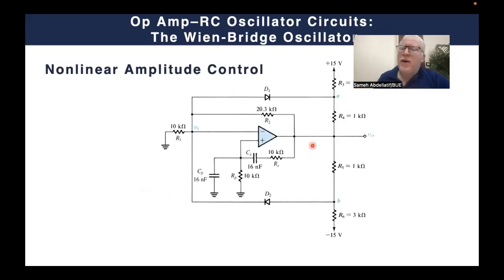And we combined all these ideas in one schematic, maybe the final slide in our previous recording, when we studied this combined architecture, including our beta network, this RC network, our standard non-inverting amplifier, and this amplitude controlling network.